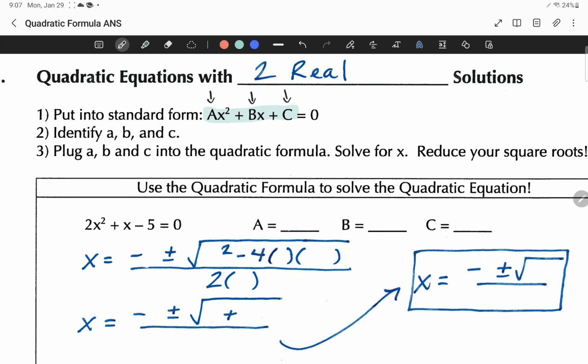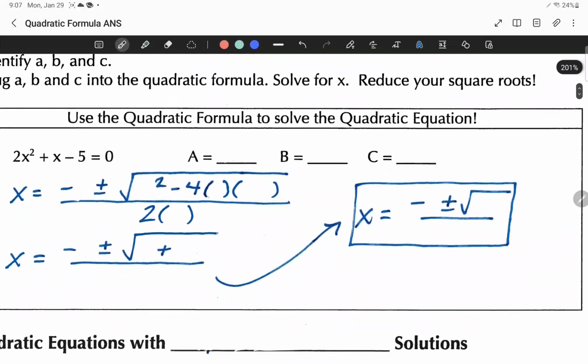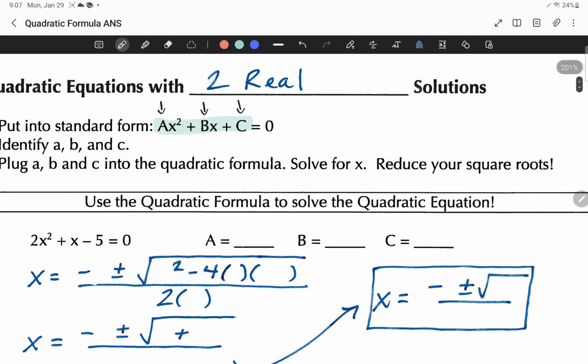And it's always the same order, you always go from highest to lowest. And after that, we're just going to be substituting and solving, okay? So let's go ahead and do this. And a big thing that you probably see here, and I'm going to highlight it because it's very important: make sure you always reduce your square roots.